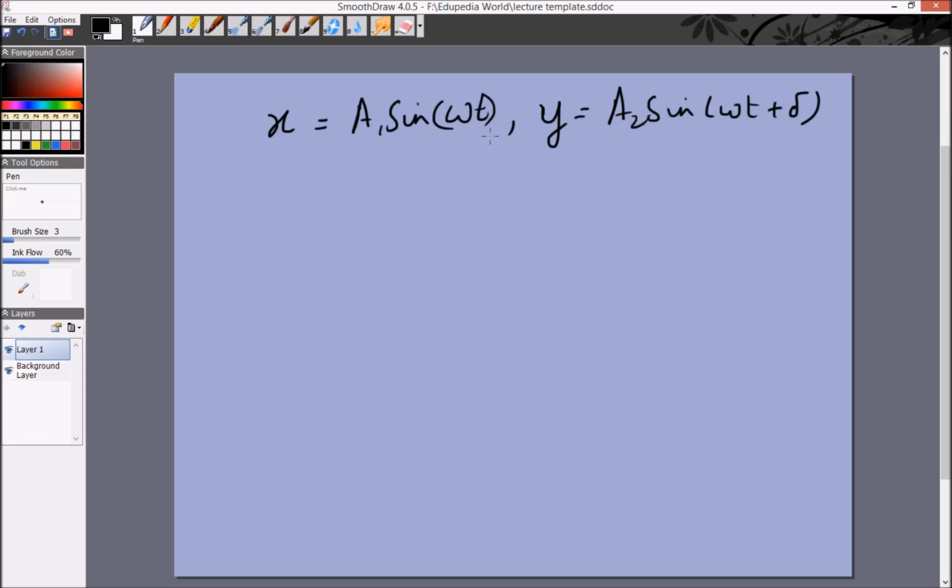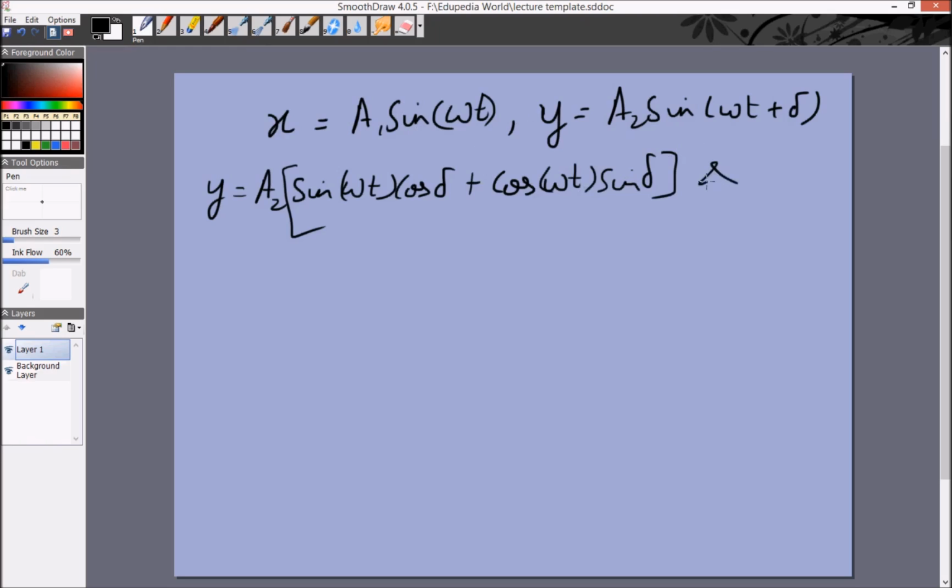So if we want to eliminate t, we can write y as a2 times sin omega t cos delta plus cos omega t sin delta. And from the first equation, I get sin omega t is equal to x by a1. So we substitute sin omega t here. Cos omega t will be root of 1 minus x square by a1 square. We substitute that here.